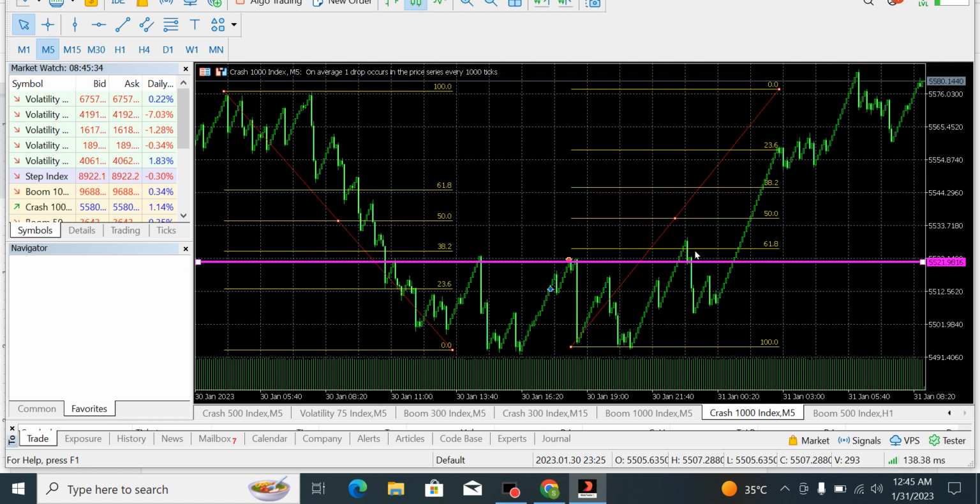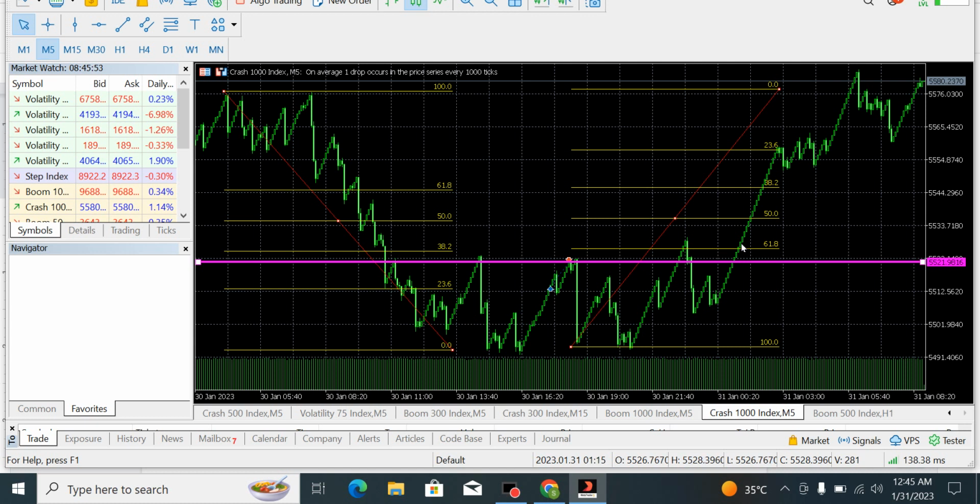Once it gets to that level, then I will stay away from the market and allow it to break out from the Fibonacci line a bit. Right there, just after breaking out, it started crashing down, and it crashed down till it got to this region, pulled back again, crashed down, and still went back up.